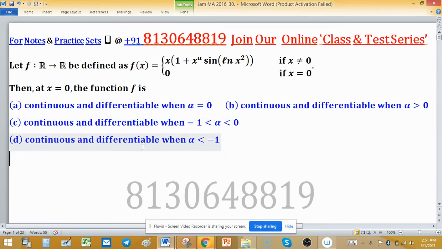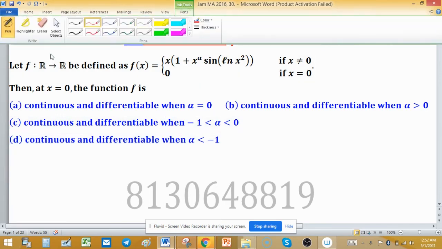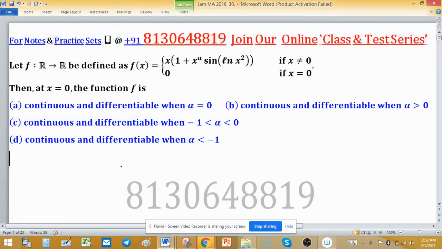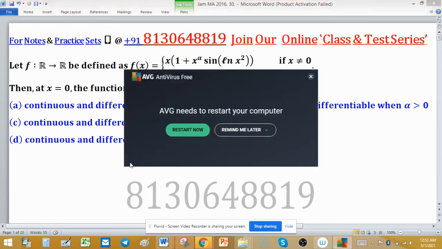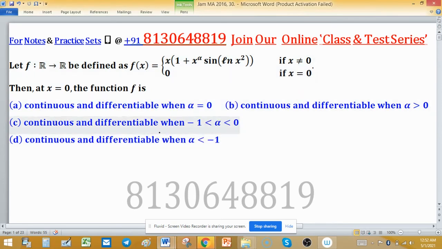This means in all four options we have to check continuity and differentiability of the function for certain values of alpha. For continuity there is no need to check, because if a function is differentiable then we know that the function is continuous also.